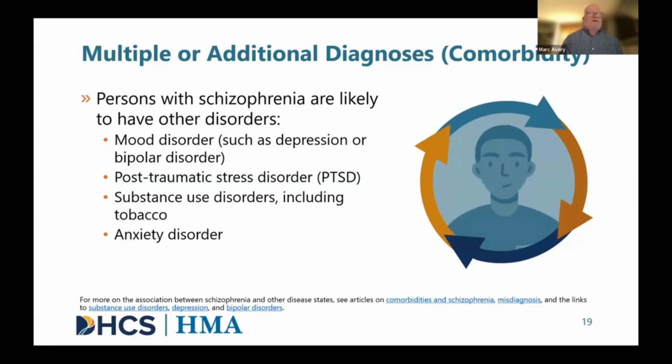But I'd also like to reinforce a point I made earlier, and that is to distinguish between the concept of having multiple correct diagnoses versus the risk of accumulating one or more incorrect diagnoses.